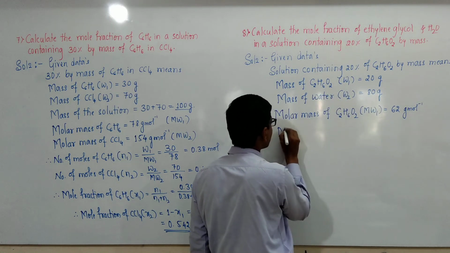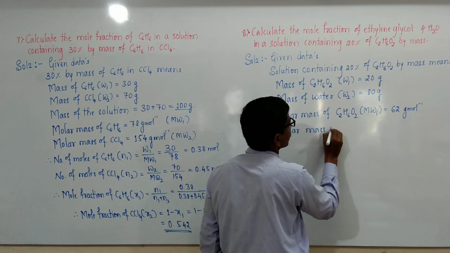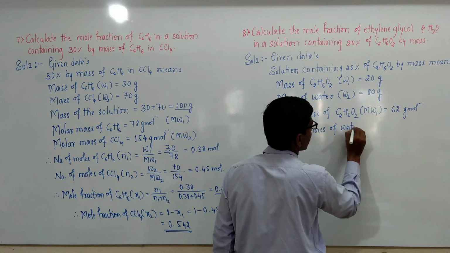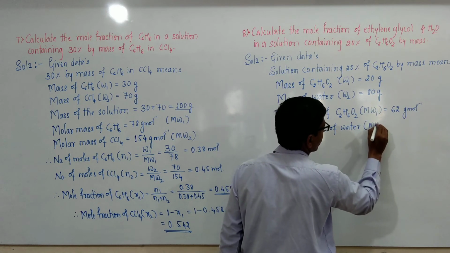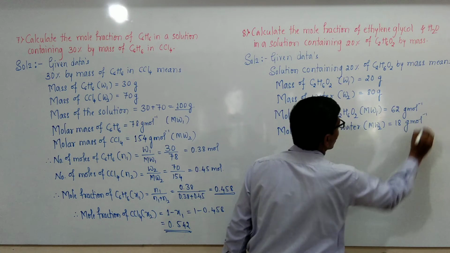Then molar mass of water, MW2, is equal to 18 gram per mole.